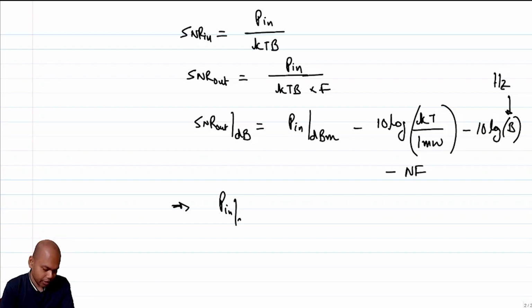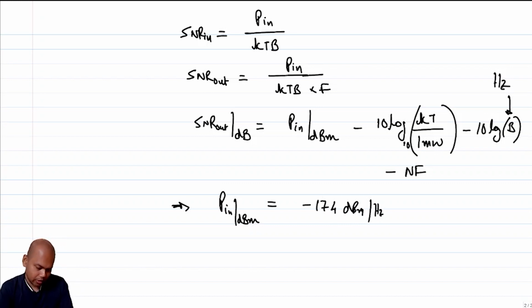So I say P in in dBm on one side, which is equal to this minus 10 log to the base 10 kT. 10 log kT in dBm at room temperature happens to be minus 174 dBm per hertz, right? So this becomes minus 174. This is dBm per hertz, right?